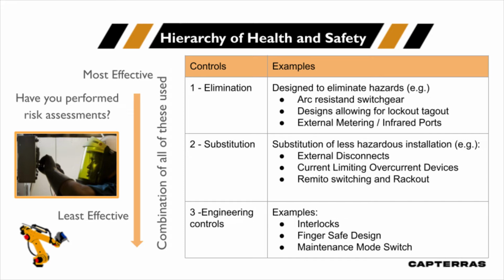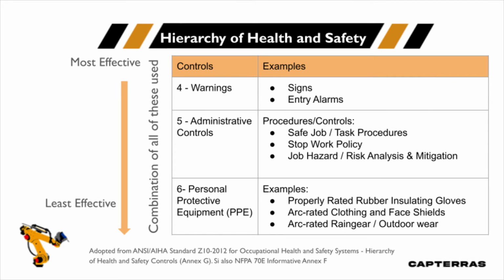In other words, our goal is to eliminate exposure to the hazards. Generally, we're always going to use a combination of all 6 of these items: elimination, substitution, engineering controls, warnings, administrative controls, and PPE. But PPE should be considered our last line of defense, and it's considered the least effective out of all of these 6 items.